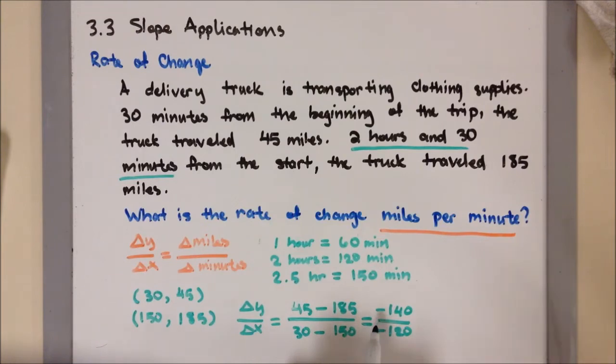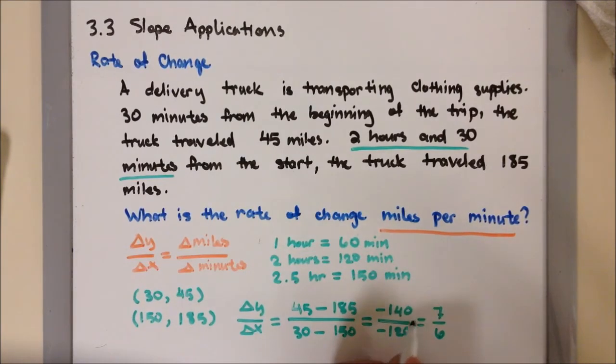Well, since there's a negative on the top and the bottom, the final answer would be a positive answer. Now 140 and 120 can both be simplified by dividing by 20. When I divide by 20, it will equal 7 over 6.